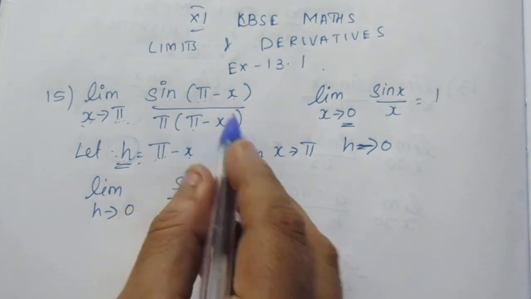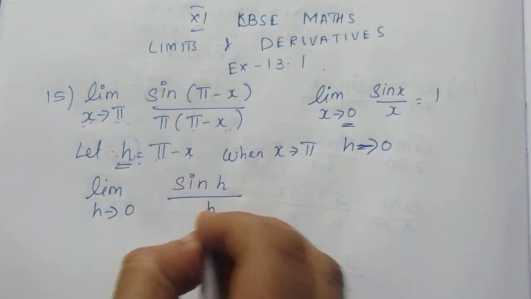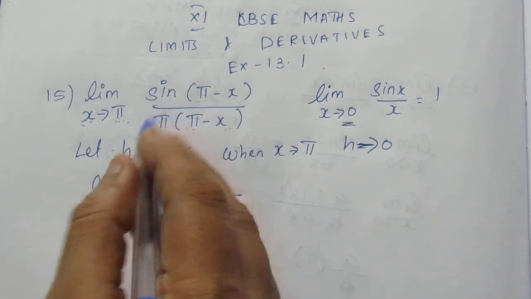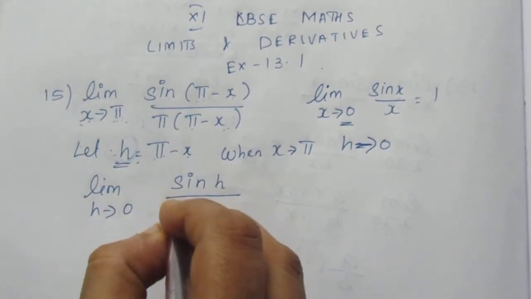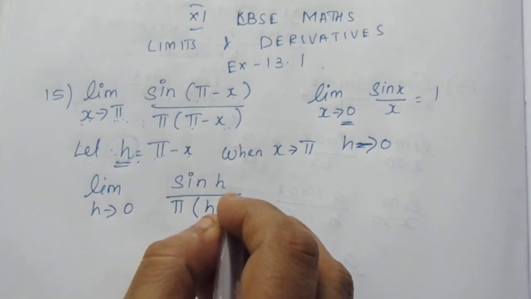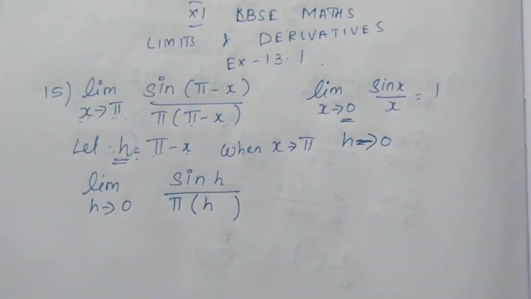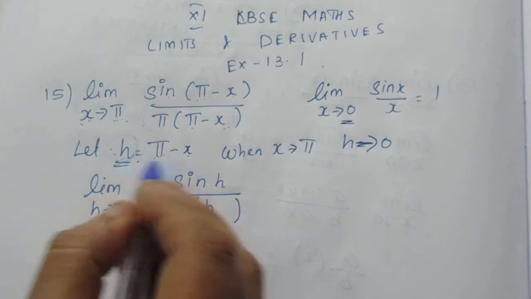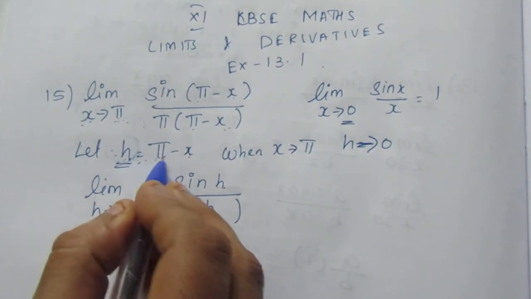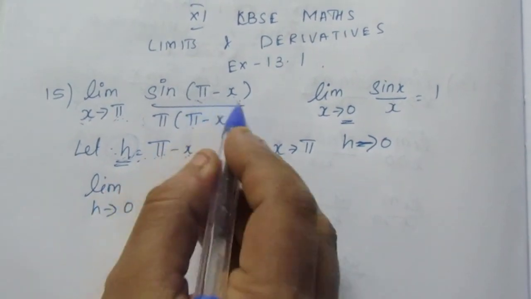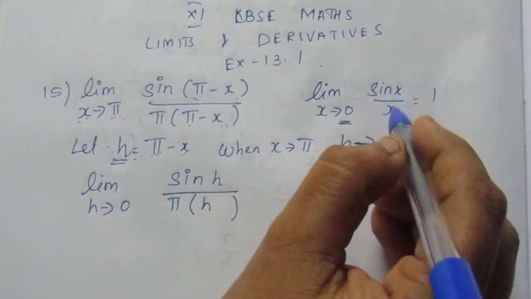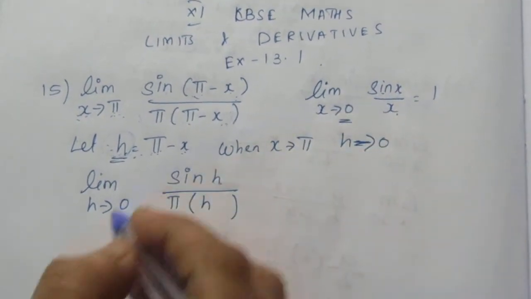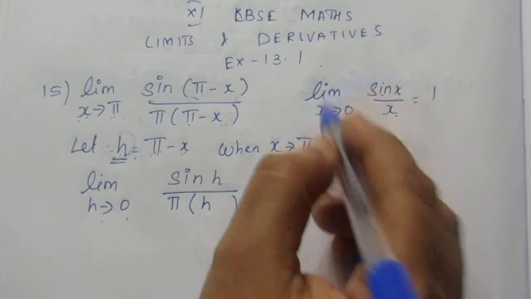Now in the denominator we can substitute this to be h, but we need to keep pi, because we know that h is equal to pi minus x. In the place of pi minus x, just substitute the value of h. Now it is in the form of pi sin h by h, and h tends to 0.